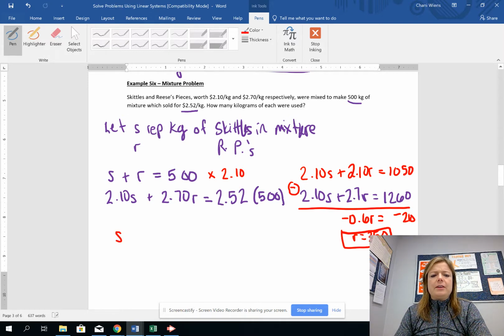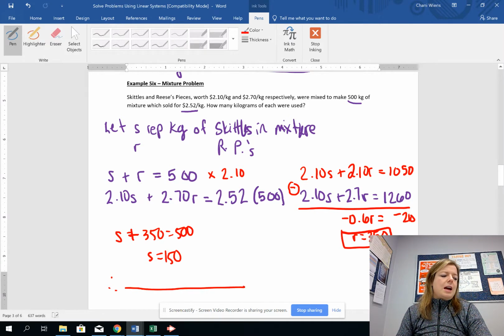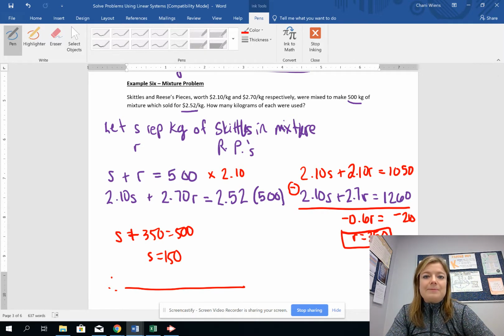So then S plus 350 equals 500, so our S is 150. Therefore, you can write a nice sentence: 150 kilograms of Skittles were used and 350 kilograms of Reese's Pieces were used. Again, we were right. They used more Reese's Pieces than Skittles.